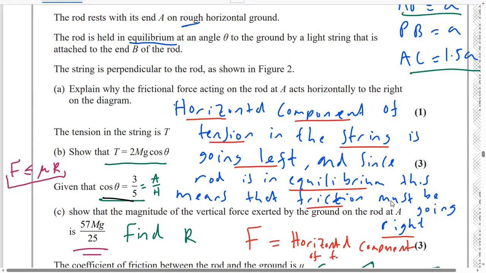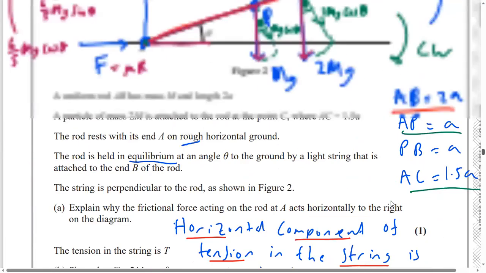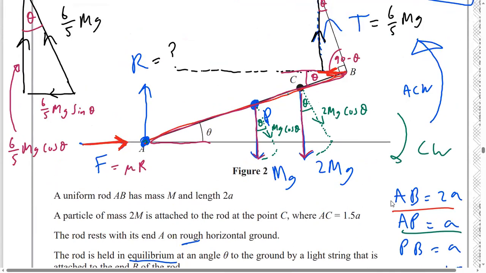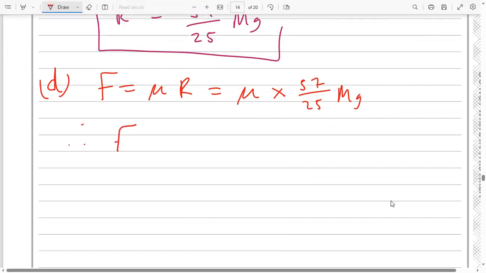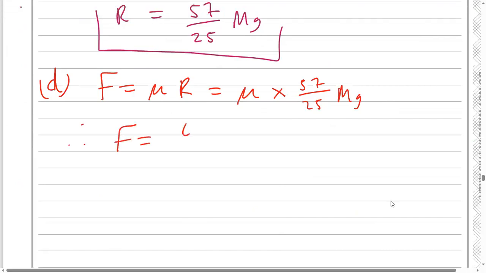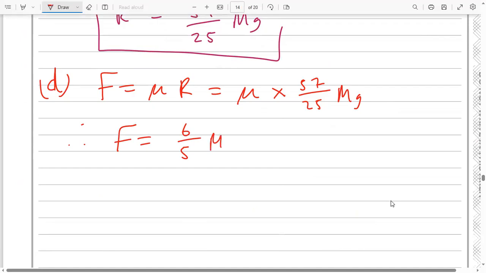So that means the friction is going to be equal to this here that we calculated in the previous part. So it's going to be equal to 6/5 mg sine theta. Okay, so we know from the diagram that friction is equal to 6/5 mg sine theta.